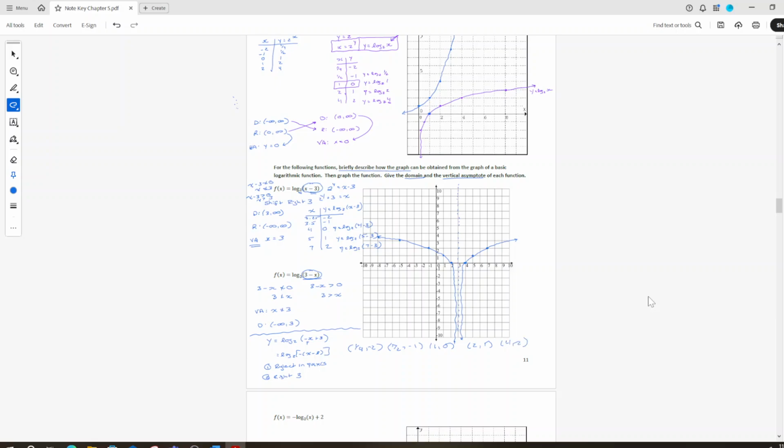And then I would do the transformations. So I would times the x values by -1, and then I would add 3, right? So I would times by -1.